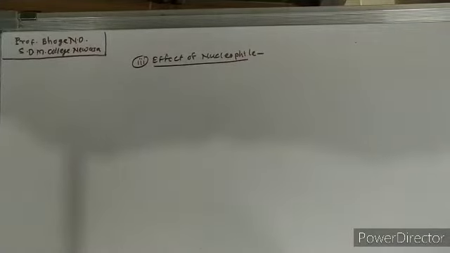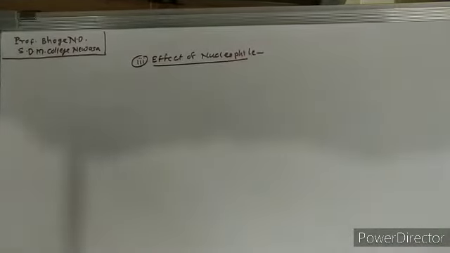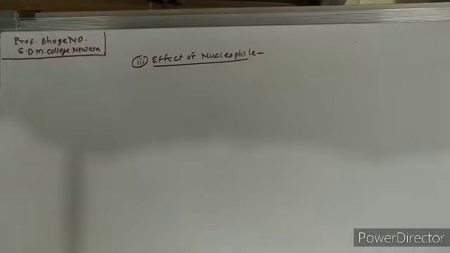In SN1 there is no participation of the nucleophile in the RDS, and in SN2 there is participation of the nucleophile in the RDS. So the key difference is whether the nucleophile participates in the slow step or the fast step. In SN1 reactions, the role of the nucleophile is in the fast step.